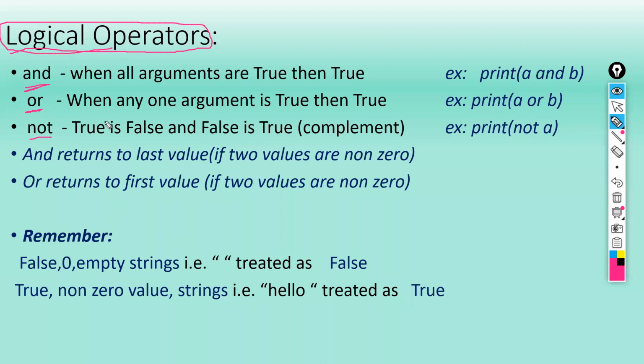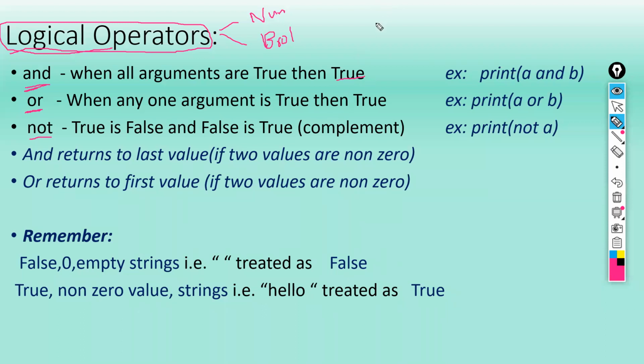Logical operators work when dealing with only numbers and Boolean data types. For example, when it becomes true and when it becomes false.